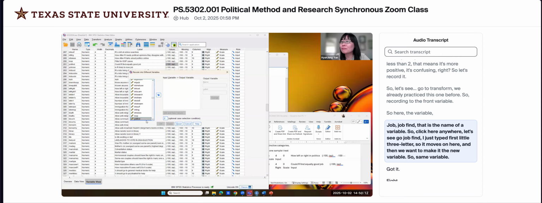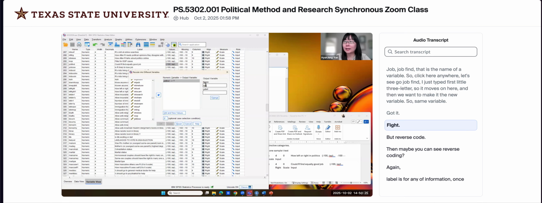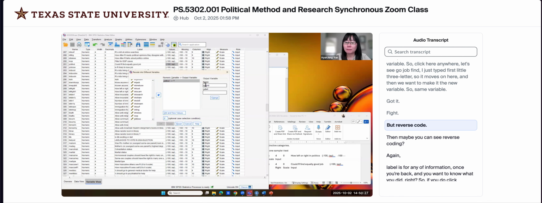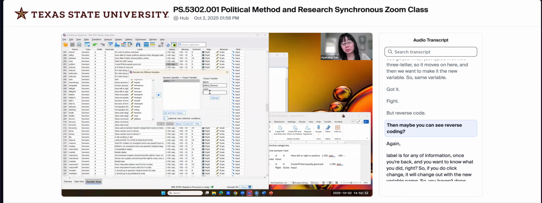I just type the first 3 letters so it moves over here. And then we want to make the new variable, same variable name, bind, but reverse code.